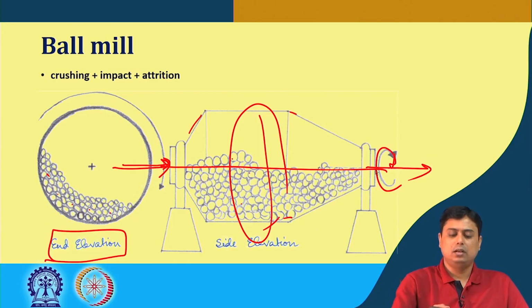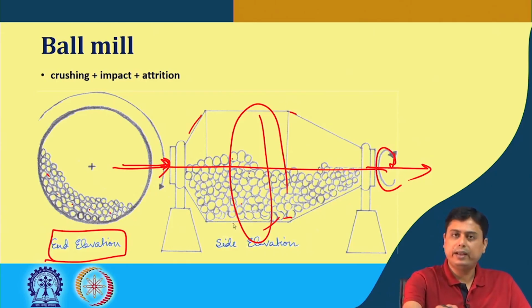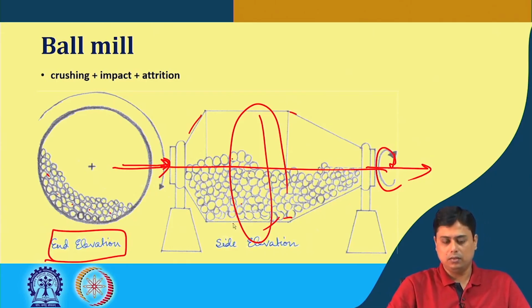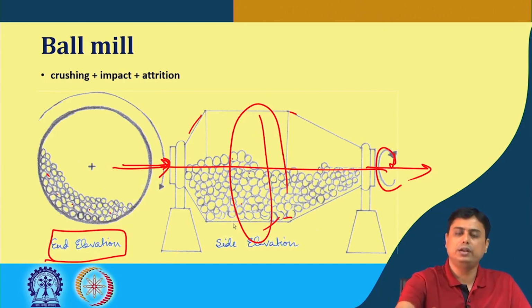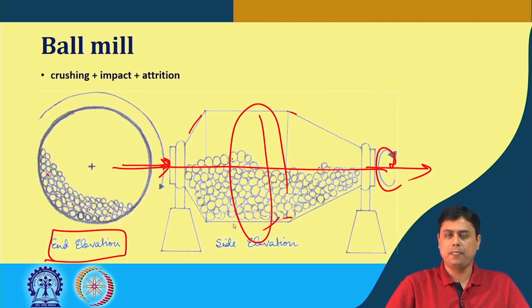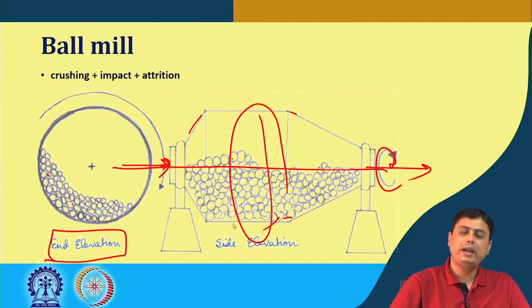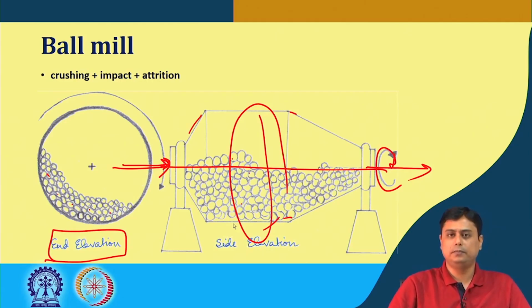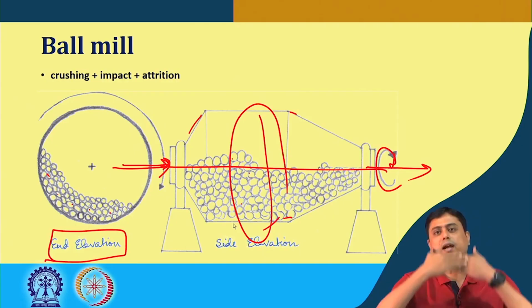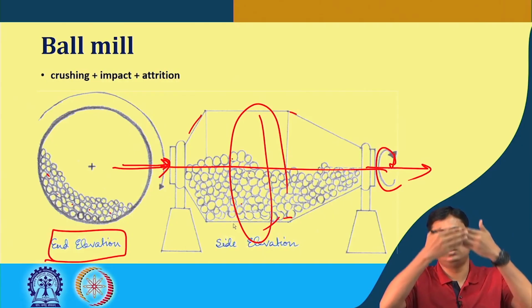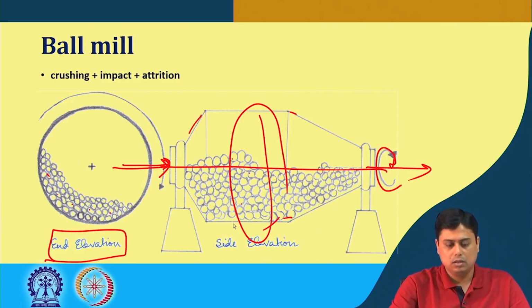At a critical velocity of the periphery of the cylindrical section, the balls will also be attached to the solid wall. The critical speed is such that the balls do not just slip back to the bottom portion; they attach to the surface, go to the uppermost position and then fall on the feed that is coming.